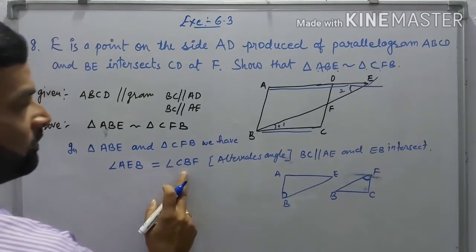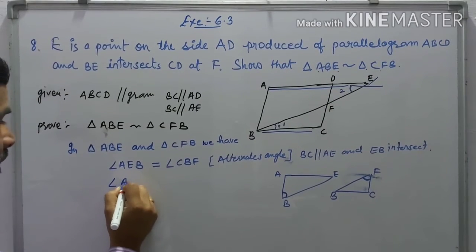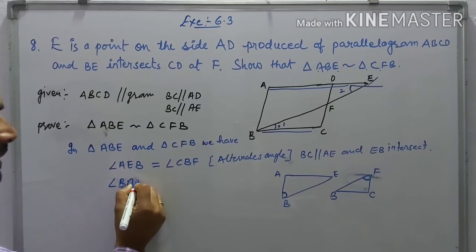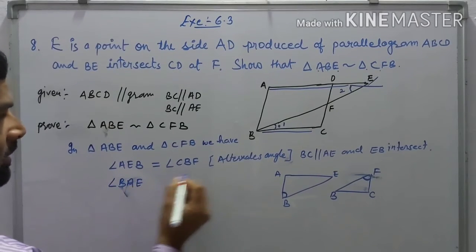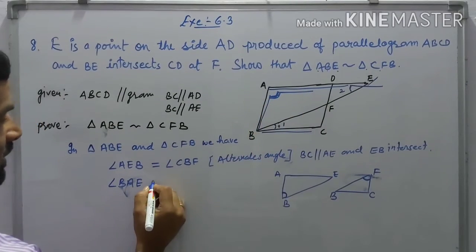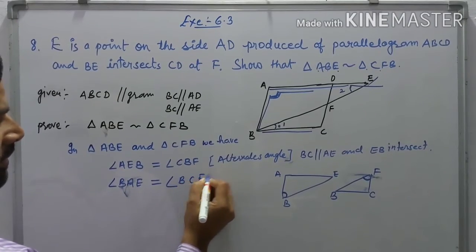This angle is an alternate angle, and angle A, full name angle BAE, is equal to angle BCF.